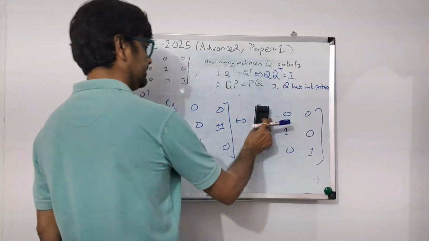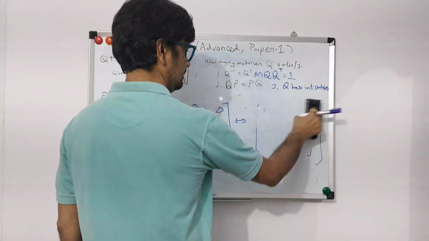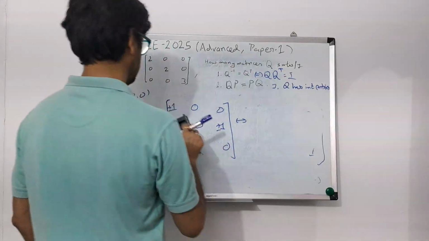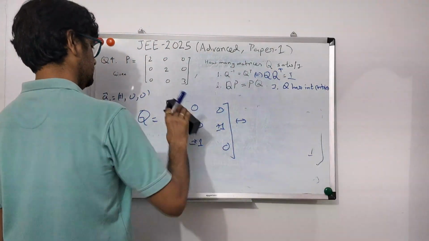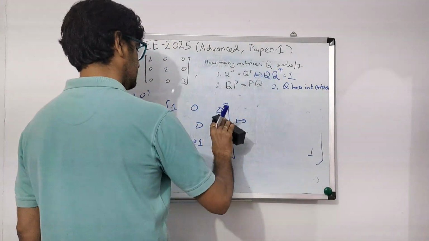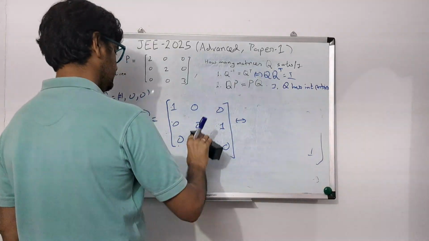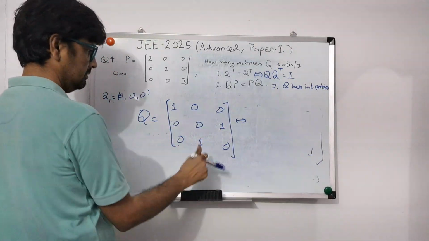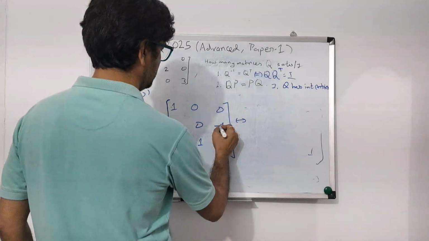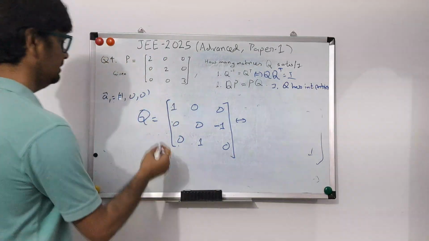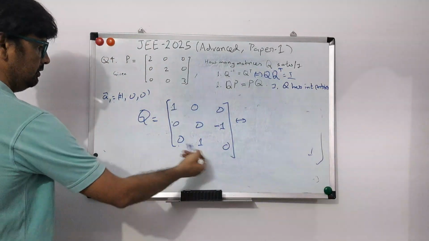Now, how to deal with the signs? Suppose this is the form of Q: 1 0 0, 0 0 minus 1, 0 1 0.